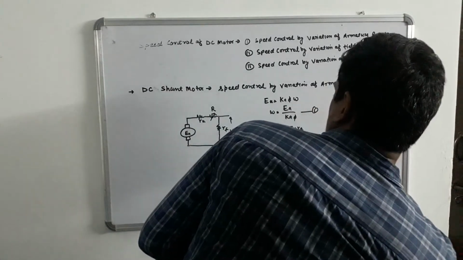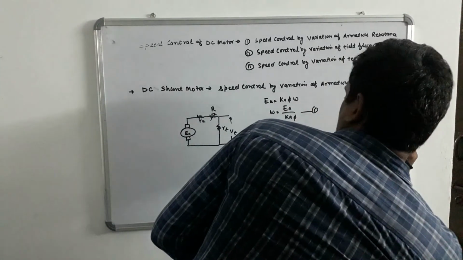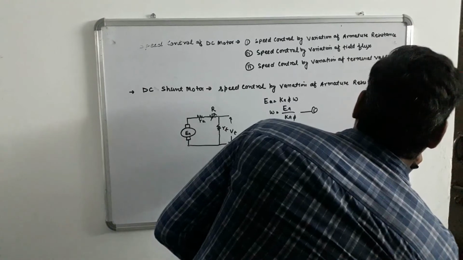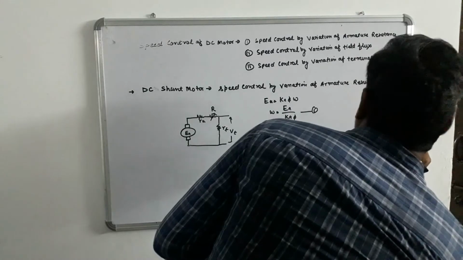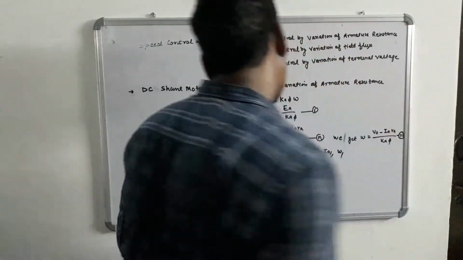Omega is equal to VT minus IA RA divided by KA phi. This is equation number 3.